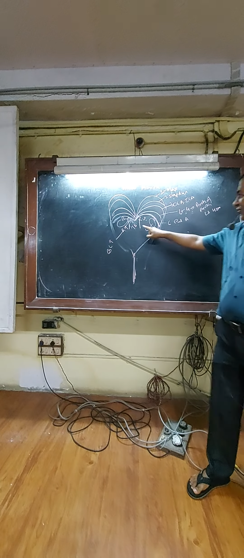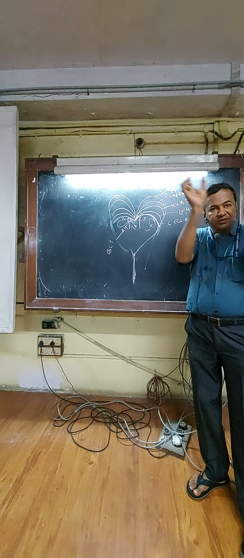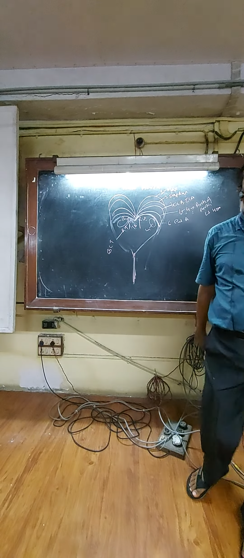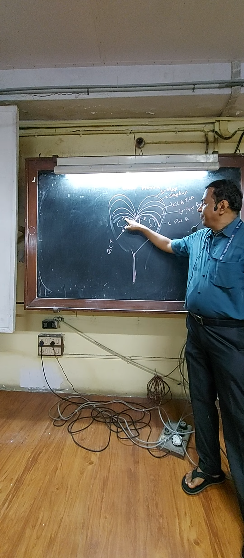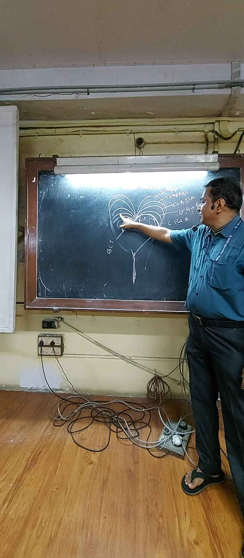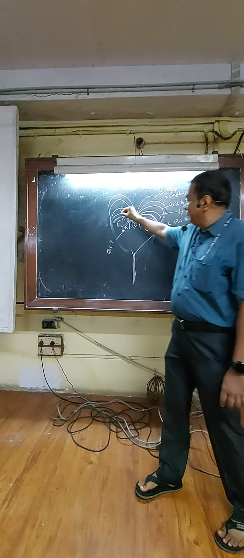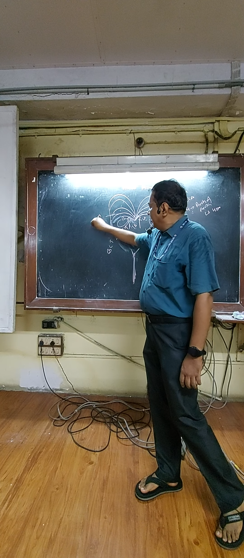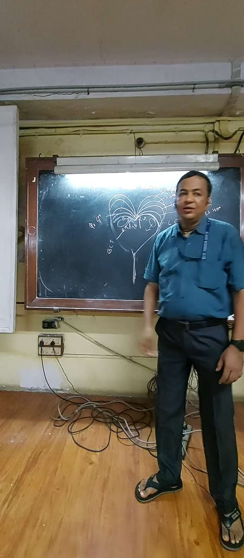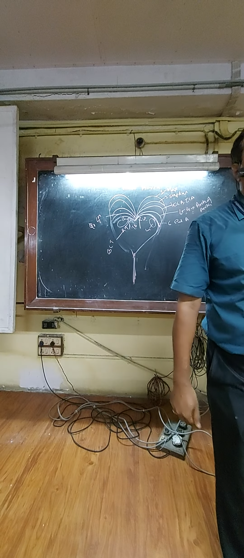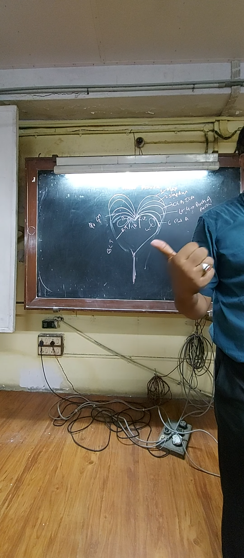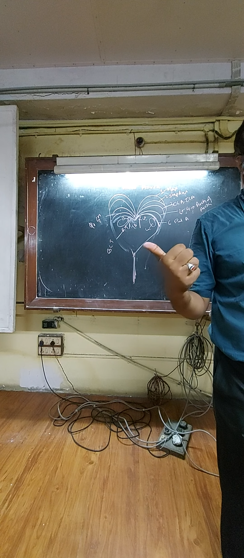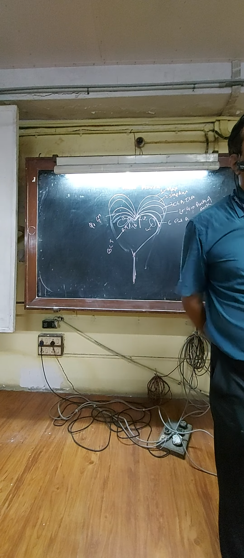There is the truncus arteriosus, then there are horns, the aortic sac and horns, right and left. This side also it will be the same. So this side, what will the 4th artery form? What does the left 4th form? So the right 4th will form the subclavian artery.